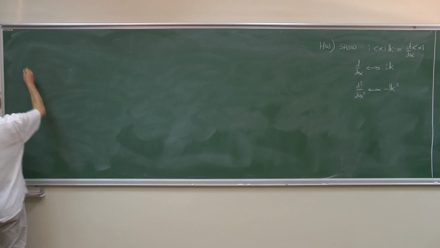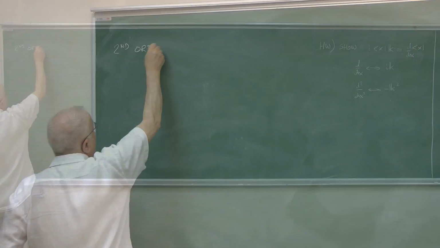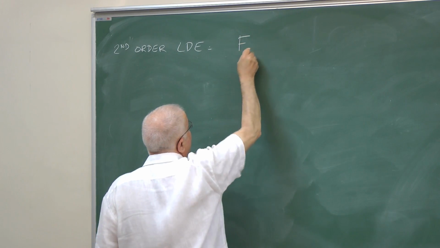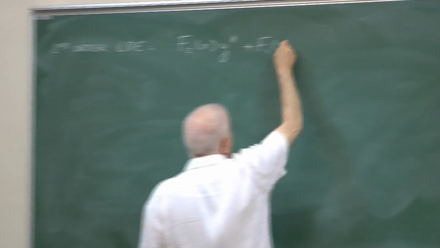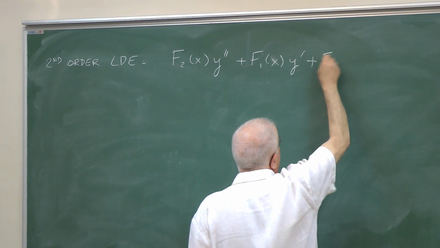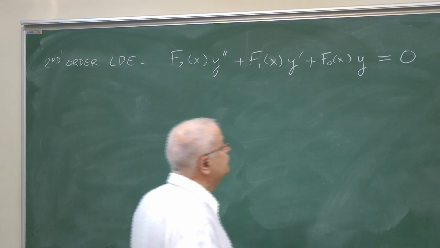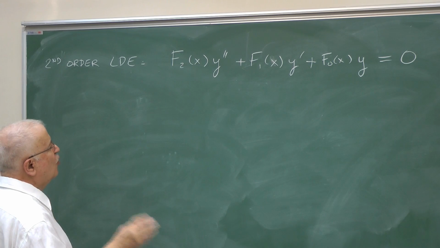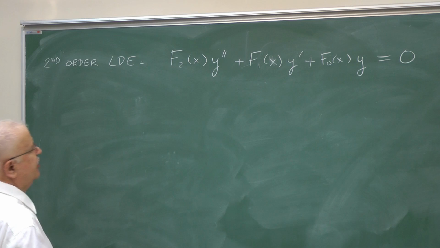The most general second order linear differential equation would be f2 of x y double prime plus f1 of x y prime plus f0 of x y equals to 0. Now this is what we observe on a position screen, if you like to.